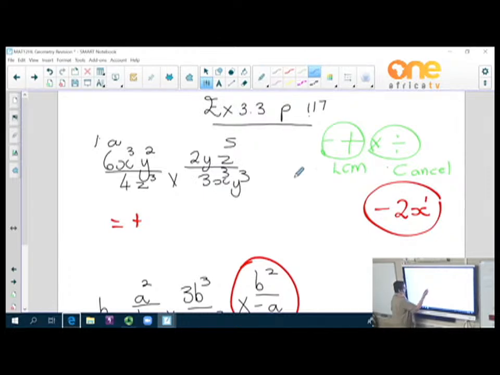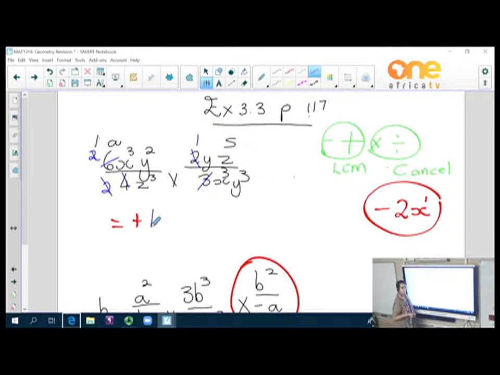Now let's divide by 3. What you do at the bottom, you must do at the top. What you do with the numerator, you must do with the denominator. So I divide by 3 and I divide by 3. I can divide the 2 into the 4, and then this 2 and this 2 will cancel out, so my number is a 1. Now the indices.